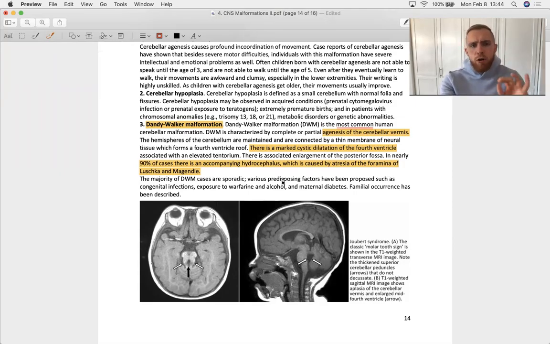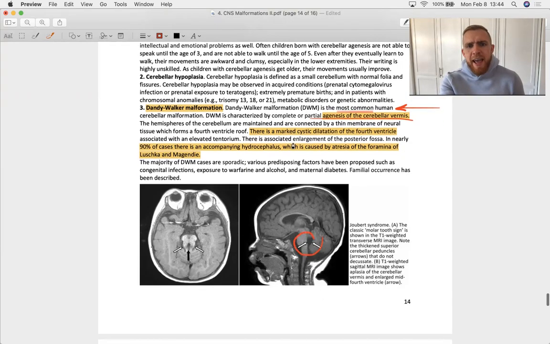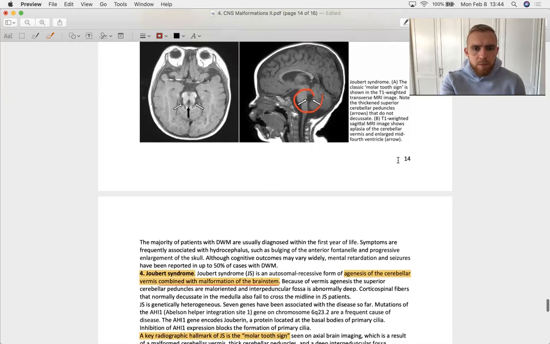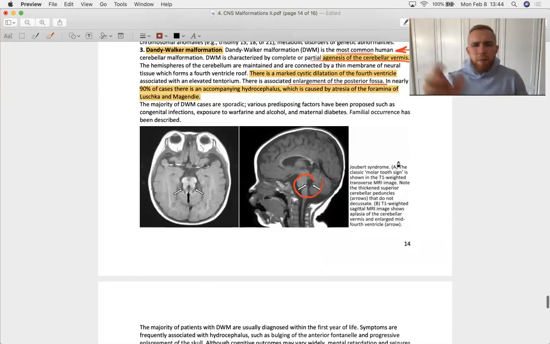So a Dandy-Walker malformation is going to be the most common, actually, out of all of these different cerebellar herniations. And it's characterized by agenesis of the vermis. So there's going to be a dilation of the 4th ventricle and an enlargement of the posterior fossa. So let me walk back something. Dandy-Walker, actually, I don't think that you do have a herniation with it.